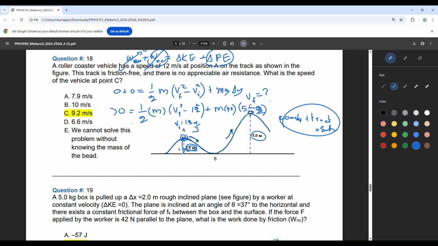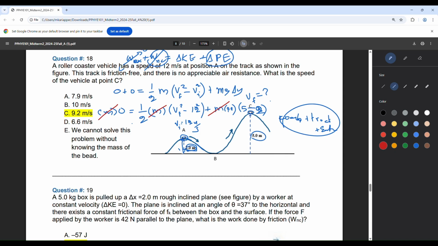We don't know m. Is that a problem? Can I do this? 0 multiplied by anything is still 0. So I can do that. Now I take my red pen. We have these 3 terms on either side of this equation, and m is the common factor in all that equation. So m gets cancelled.